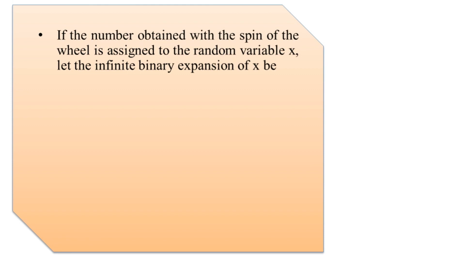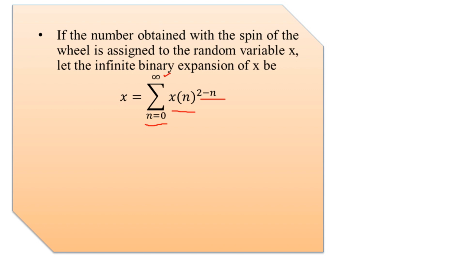So it will be the infinite binary expansion, and x will be given as, here we have the summation for the index variable n that ranges from 0 to infinity of x of n times 2 to the power minus n here.